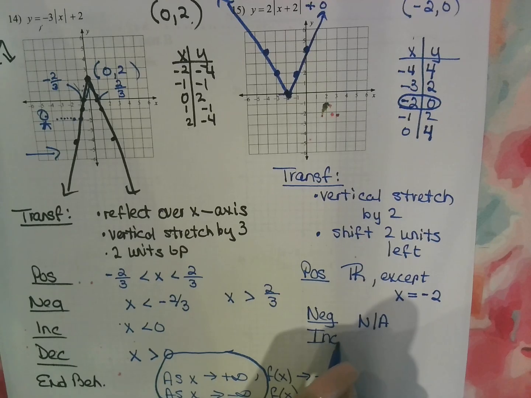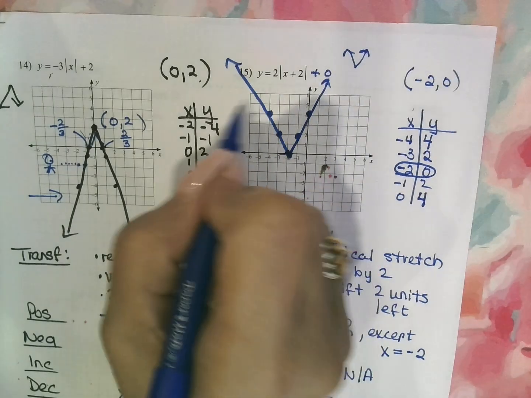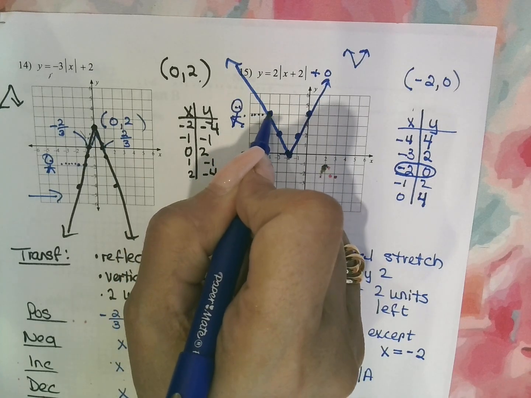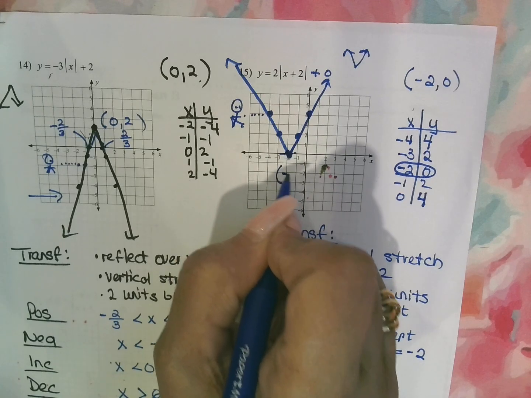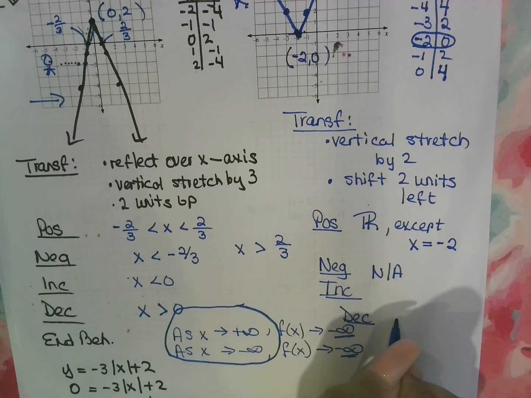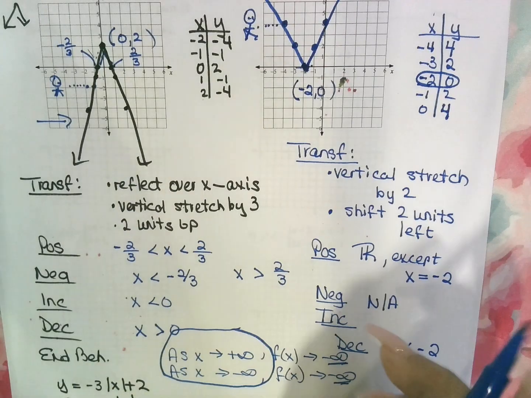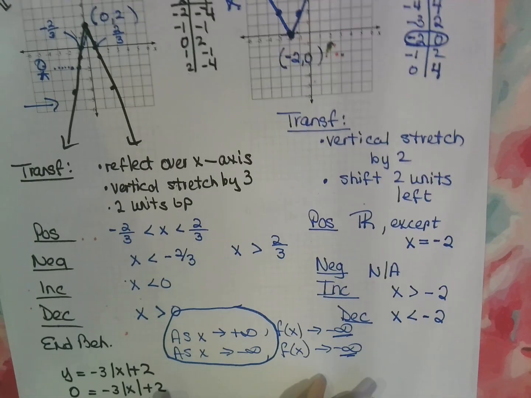Increasing and decreasing. All right, remember, you're the little guy coming towards the function. Boom, boom, boom, boom, boom. You're sliding down. So you're decreasing until you get to the vertex, which is at -2, 0. So you are decreasing when x is less than -2, and then you begin to increase when x is greater than -2.